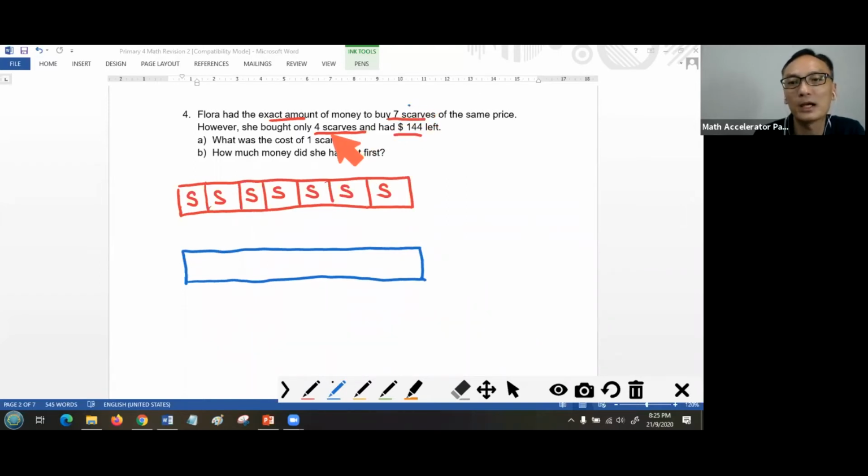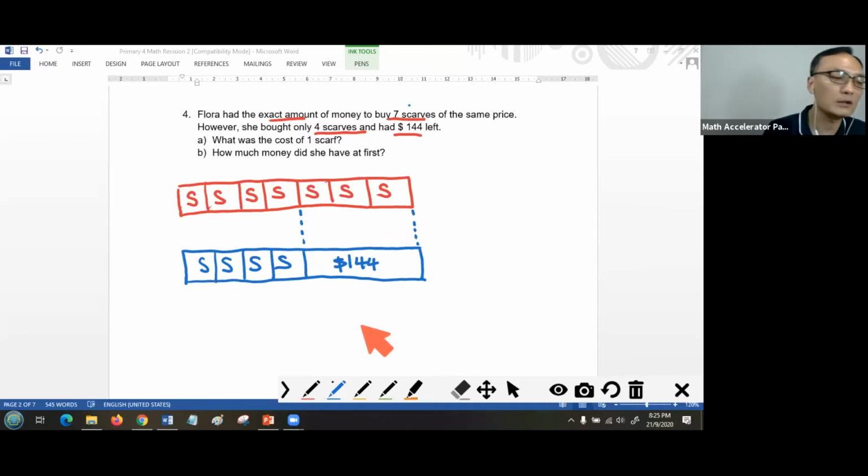She ended up only buying 4. So 4 scarves is up to this portion. So here there are 4. After you buy 4, you have $144 left. Can you tell me how many scarves $144 can buy?